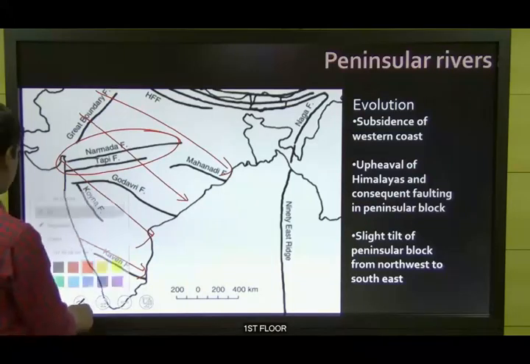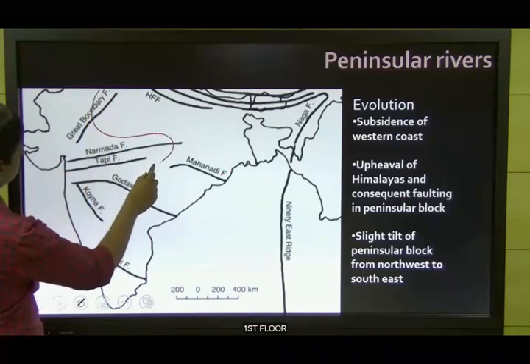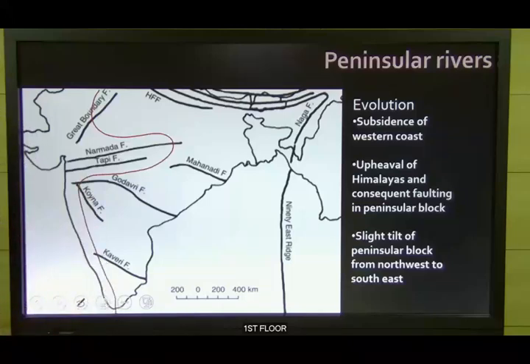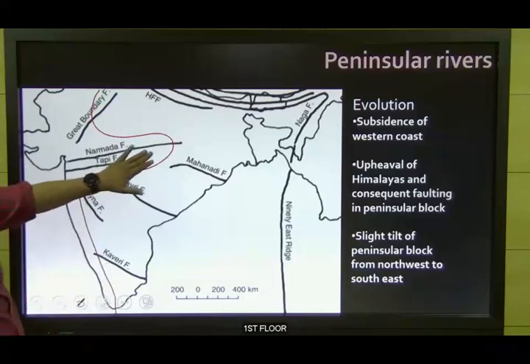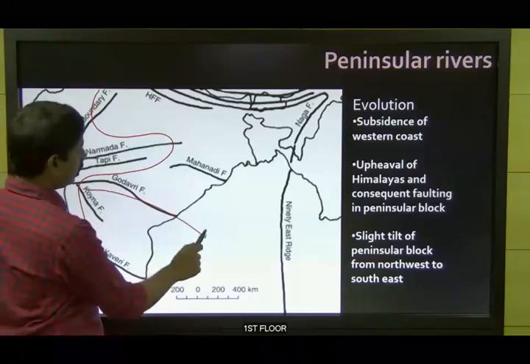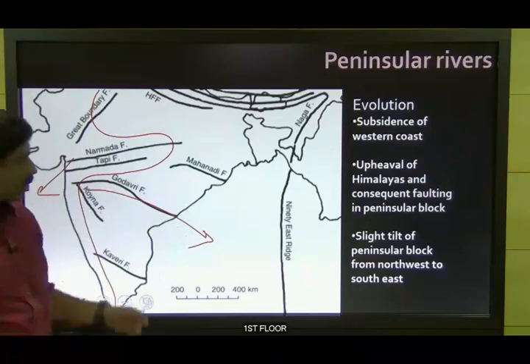Because of that only, when we see the water divide, it will be something like this. Whatever water falls on this side gains access into the Bay of Bengal. Whatever water falls this side, sorry, this side gains access into the Arabian Sea, this side it is the Bay of Bengal.